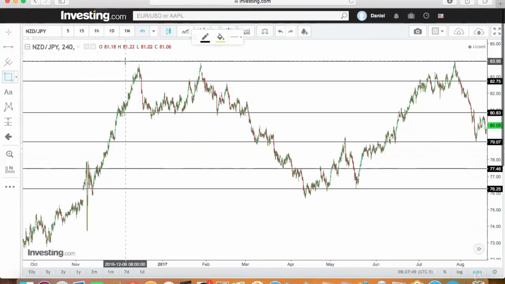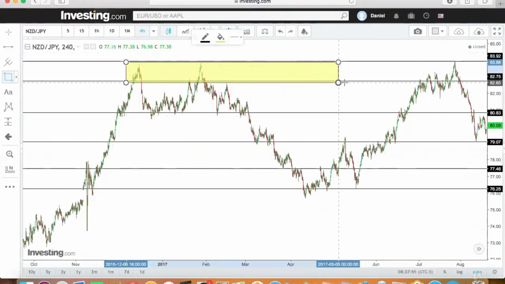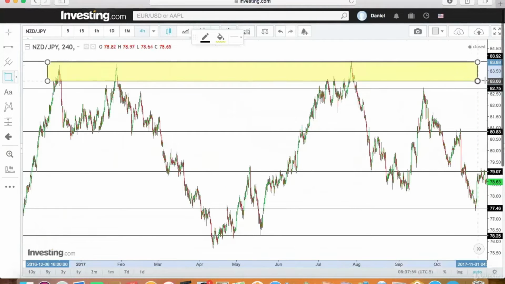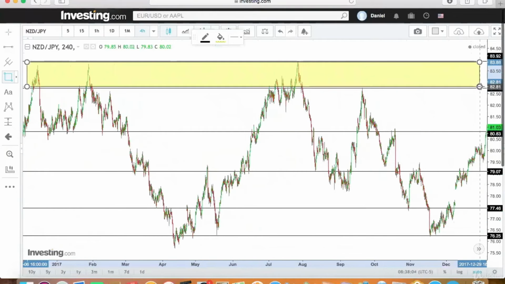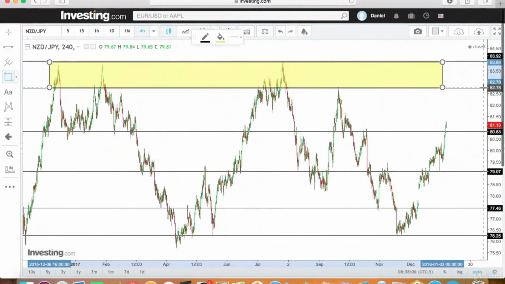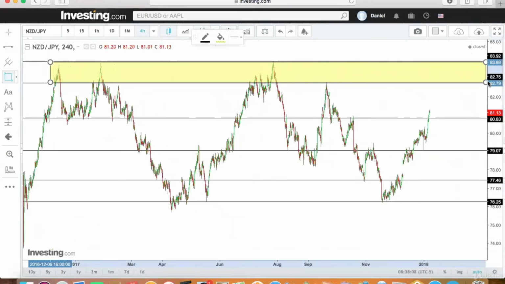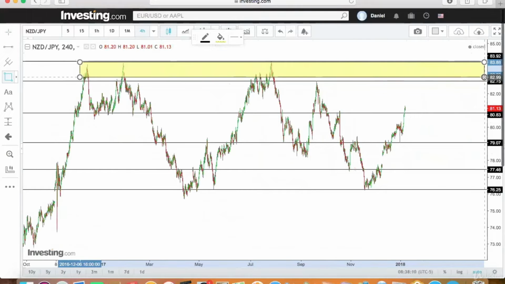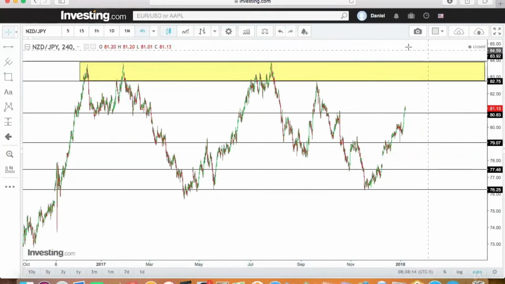So at this level, what you want to do is, I generally take this whole level because this is where the market failed at and couldn't rally above several times. So you take this whole level and mark it out like such.